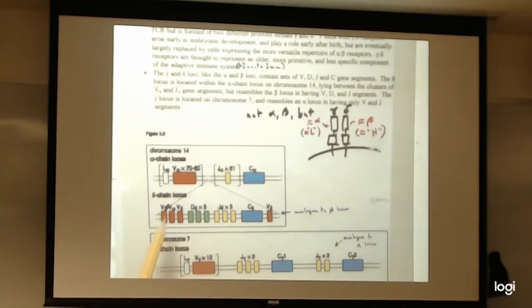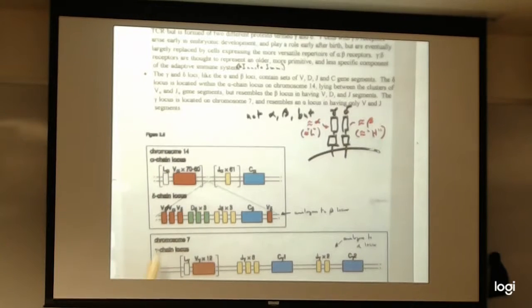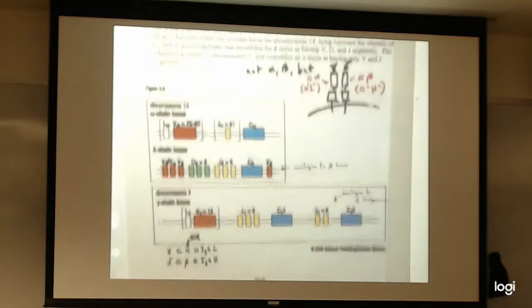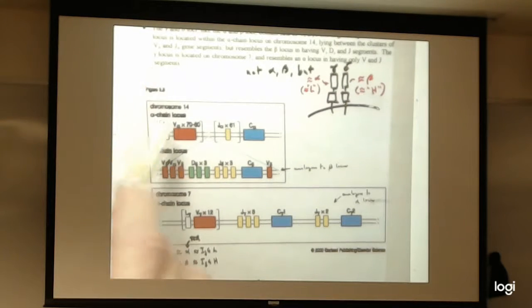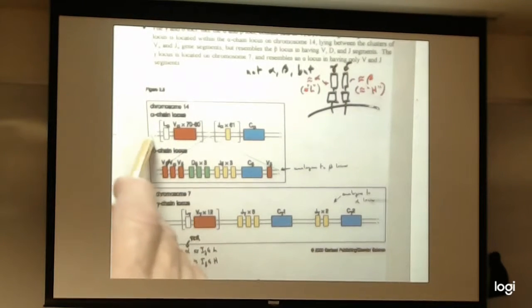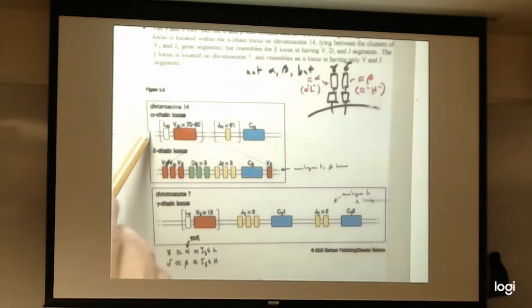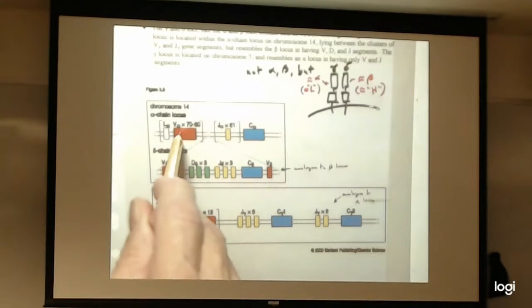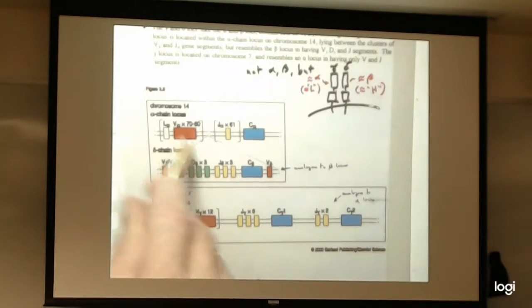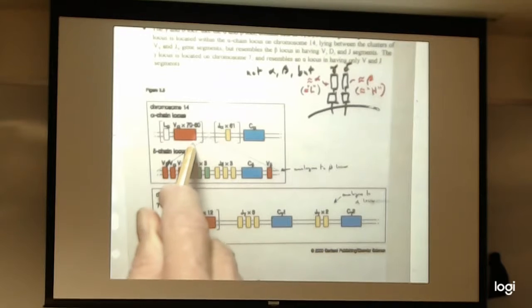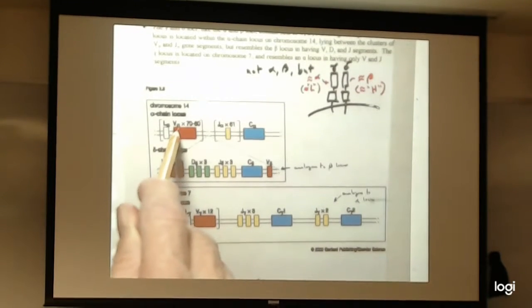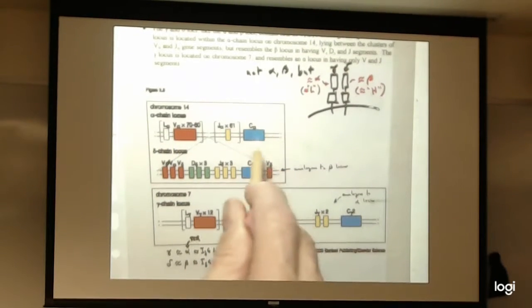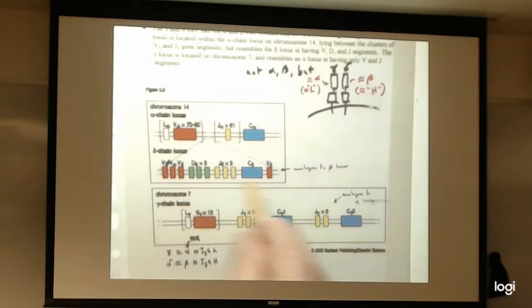Now you're not going to have to remember chromosome 14 and all this stuff here, but I'll just tell you that for the gene that encodes the alpha chain of alpha beta TCR, in between the set of 75 or so V boxes, one of which we'll choose to make a particular TCR gene, and the constant part of that gene, we have a whole set of segments here that are used to make delta chains.